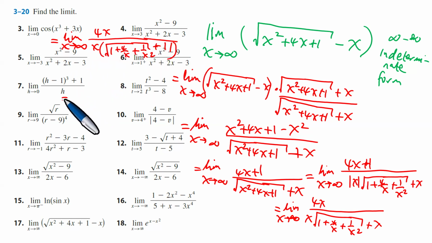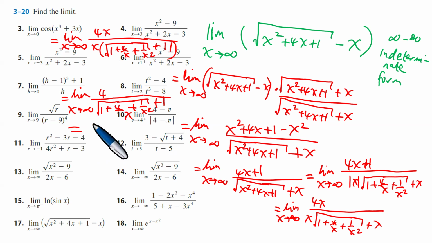So you pull out x, and x cancels out, giving us the limit as x approaches infinity of 4 divided by the square root of 1 plus 4 over x plus 1 over x squared, plus 1. As x approaches infinity, this is 4 divided by the square root of 1 plus 0 plus 0, plus 1.